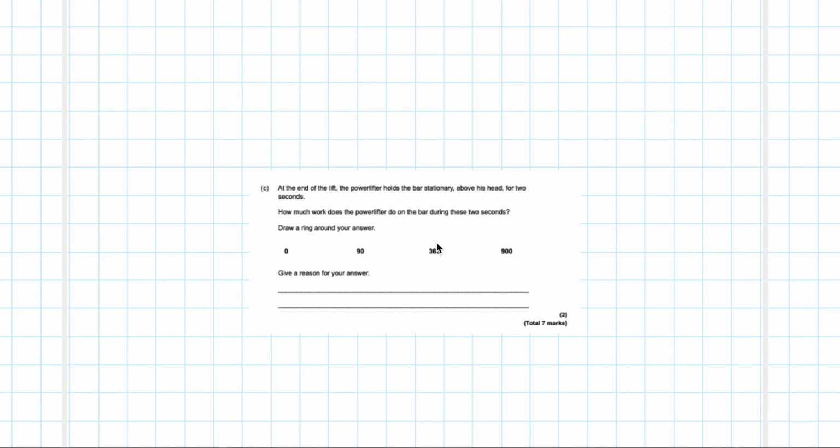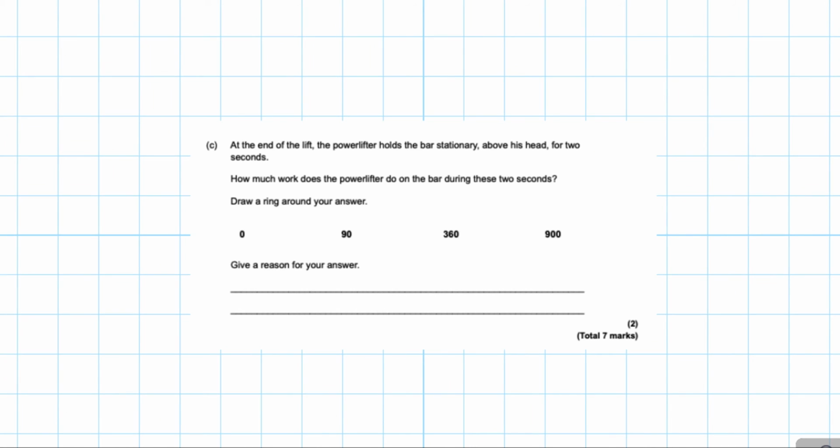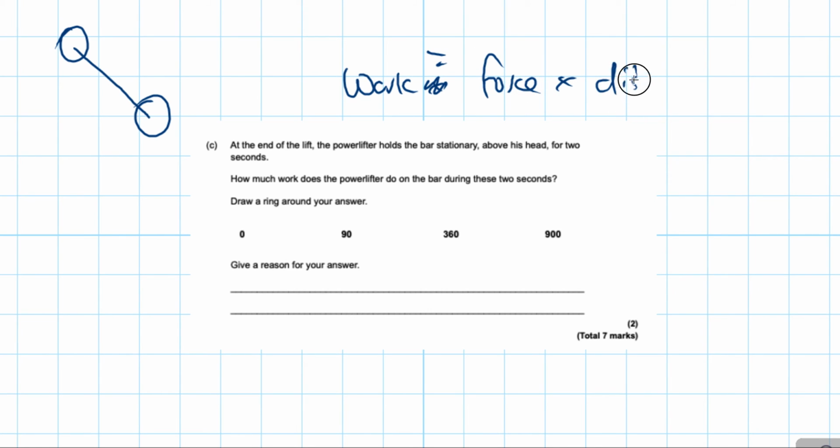At the end, the powerlifter holds the bar stationary for 2 seconds. How much work does the powerlifter do on the bar for these 2 seconds? So if the bar is stationary, that means that the work, remember, work equals force times distance. If the bar is stationary, that means that the distance is equal to 0, so the powerlifter does 0 work.